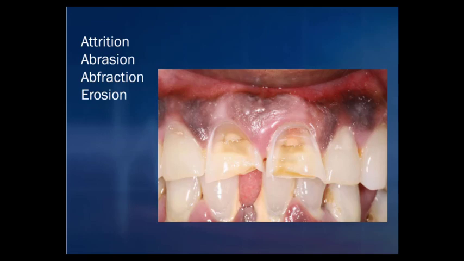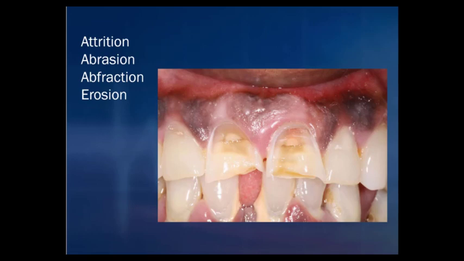Uncontrolled GERD can increase the patient's risk of esophageal cancer. If you can imagine, if that acid is causing this much damage to the hardest substance in the body, what is it doing to the soft tissues in the throat? Now, as a hygienist, you can't diagnose, but you can show the patient the signs and symptoms of disease and recommend a further evaluation. So that's what we would do in this case.